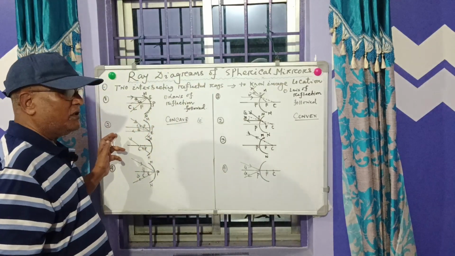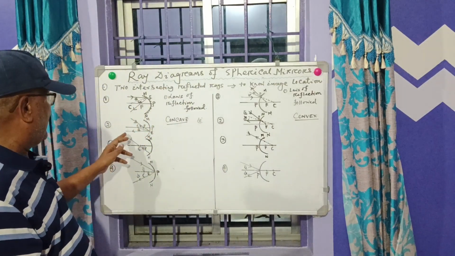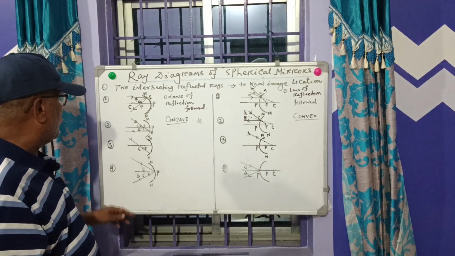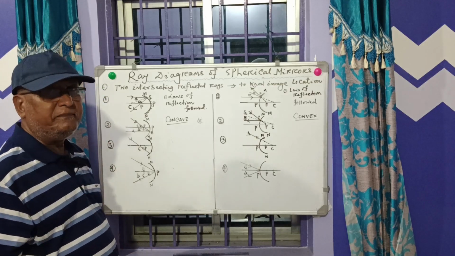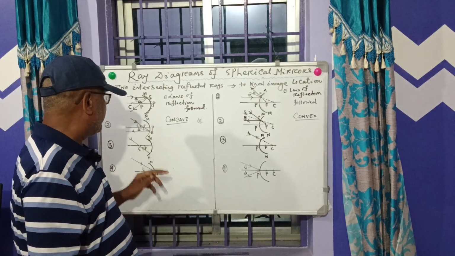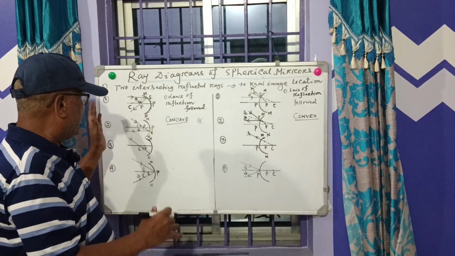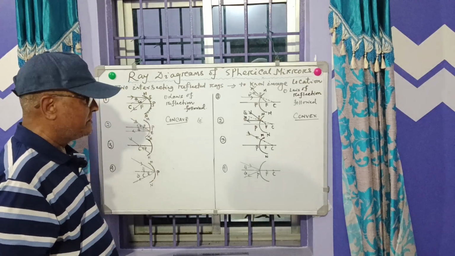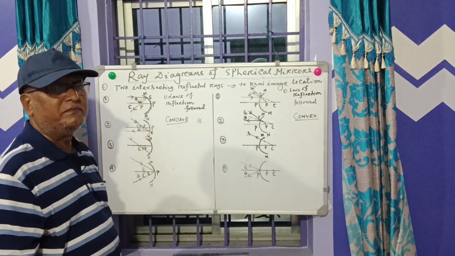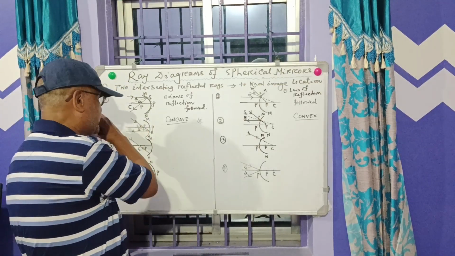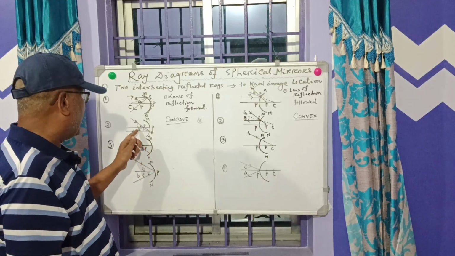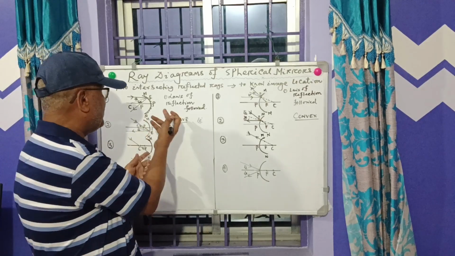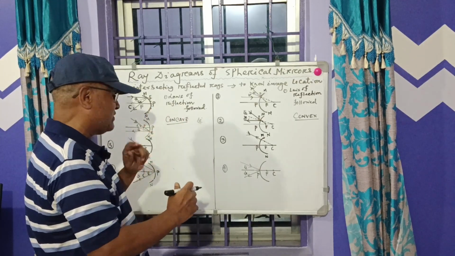Come to the second case. Now look at here. A ray, in case of concave mirror, a ray passing through the principal focus after reflection emerges parallel to the principal axis. Just reverse, or vice versa of the situation.